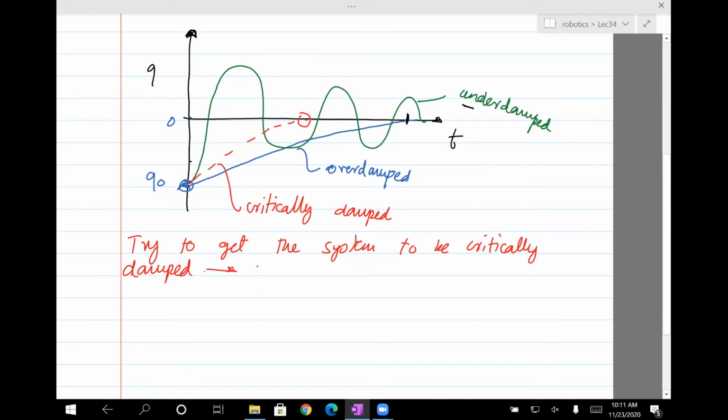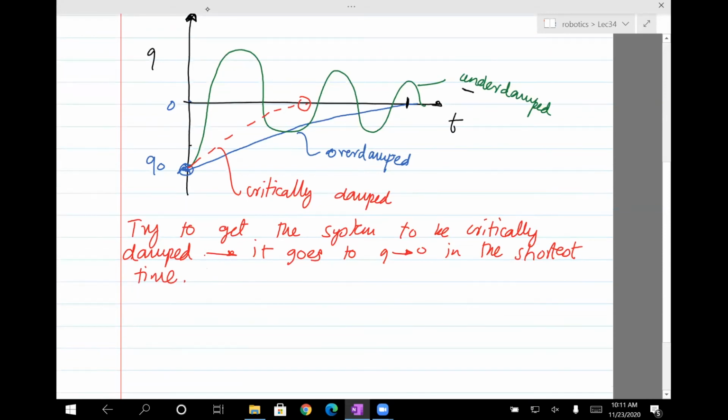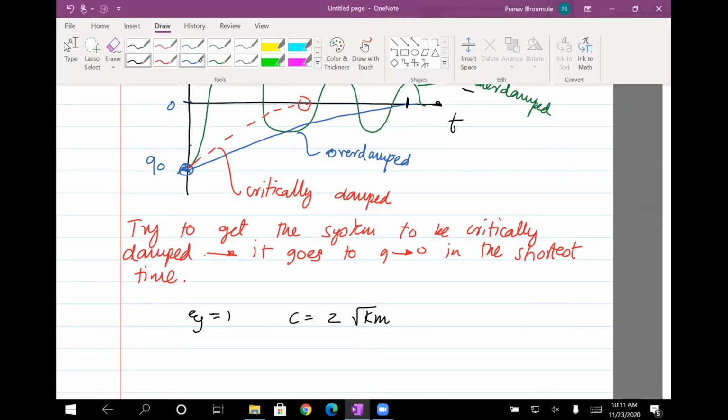That's because it goes to Q equals 0 in the shortest time. Which means that we want to ensure that the damping ratio is equal to 1, or in other words, C equals two square root km. So we'll strive to get the system to be critically damped.